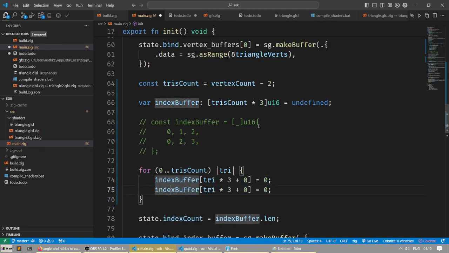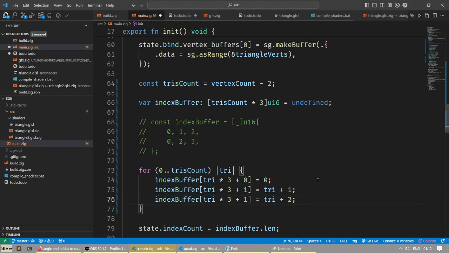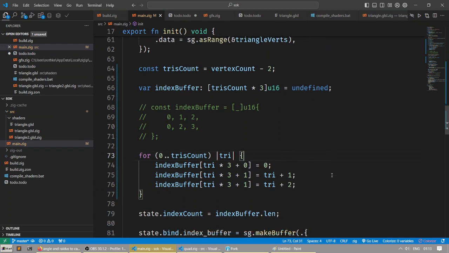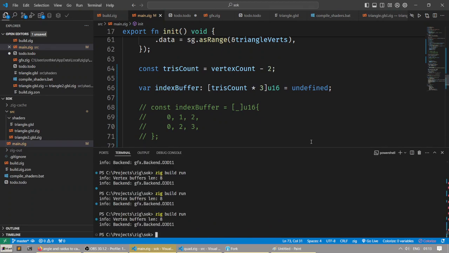Then the next one is the same as try, but plus 1, and the second one is try plus 2. So there it is. This should give us the entire circle, no matter the number of vertices.